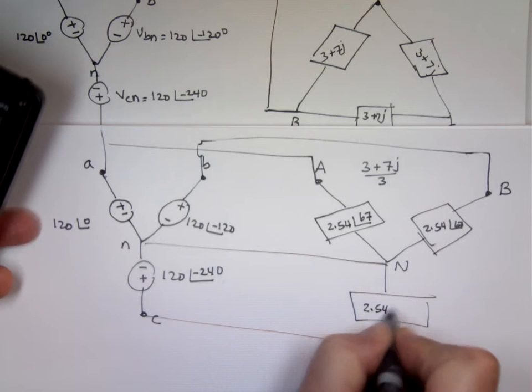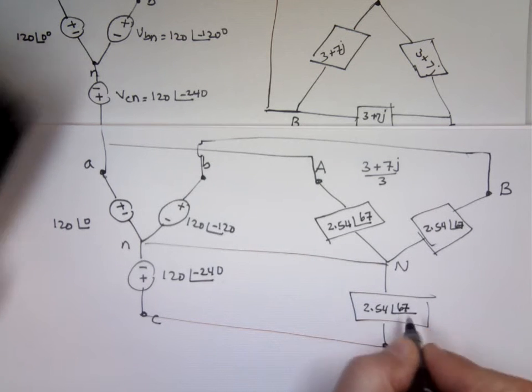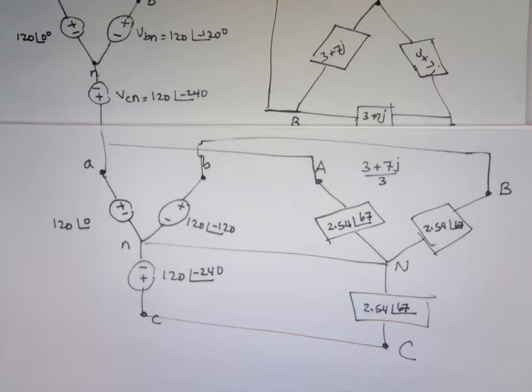And now you can just draw one phase, because if you travel along one path, let me get a marker here, highlighter.